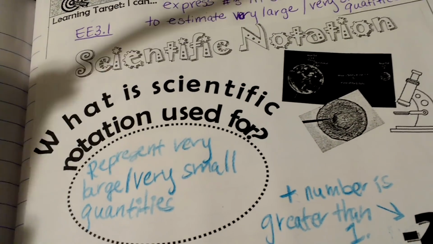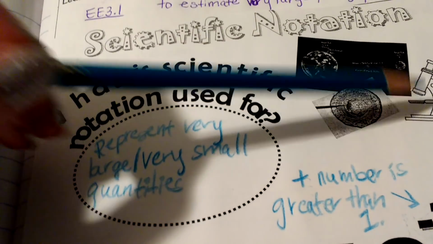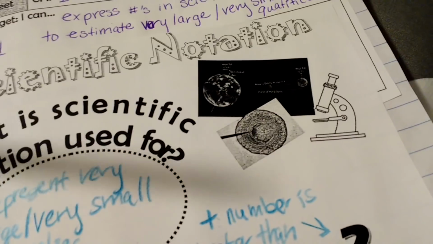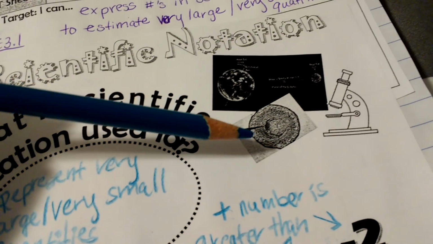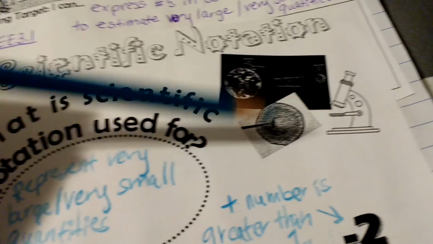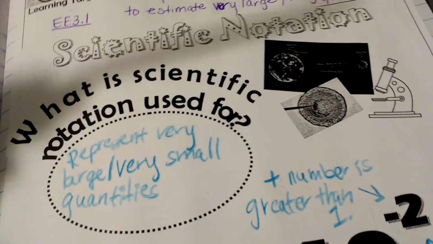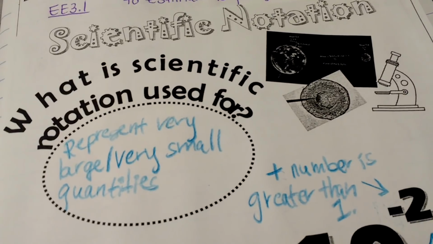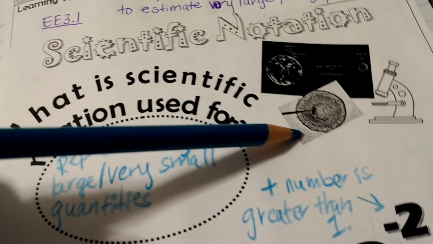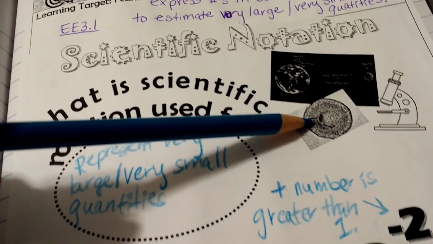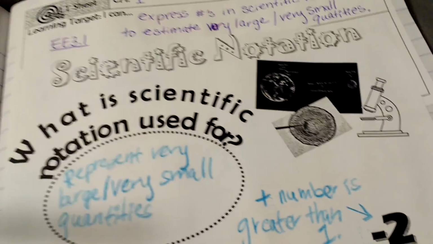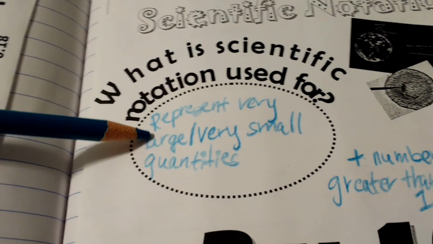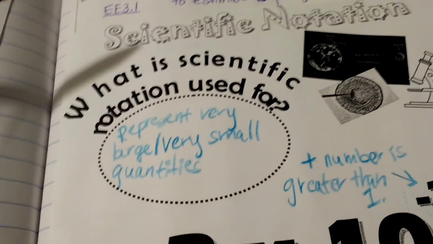And scientists that use microscopes, like a microbiologist, would use it for very small quantities, for example measuring something within a cell. They would also use it for very large quantities, like the number of bacteria they found in something. So scientists use scientific notation to represent very large and very small quantities.